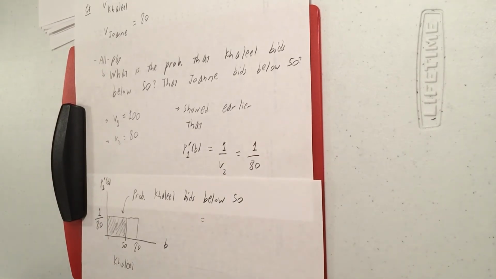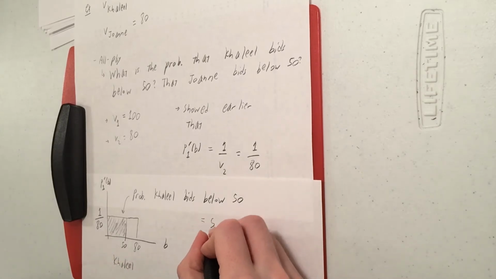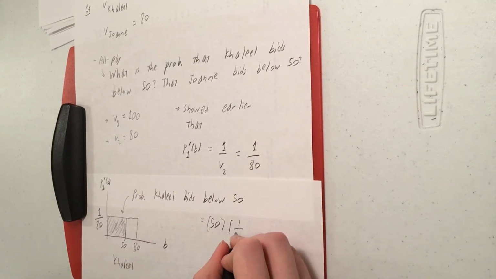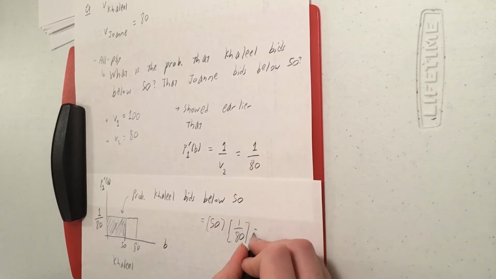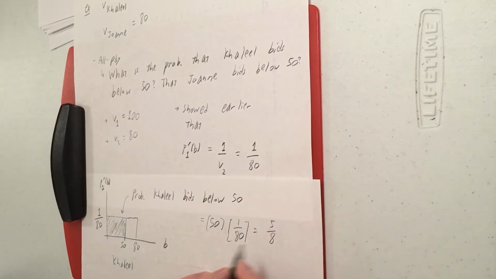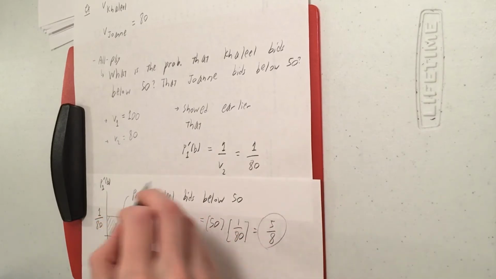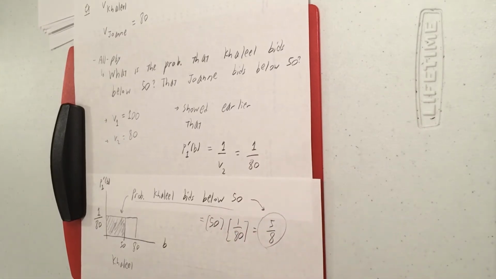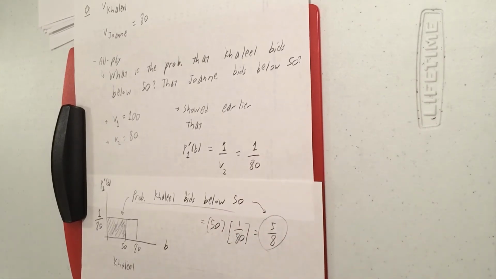So what's the area of that rectangle? Rectangle area is always base times height. Base is 50. Height is 1 over 80. So that comes out to 50 over 80, which is 5/8. So that's how likely it is that Khalil bids below 50. So that answers the first part of our question.